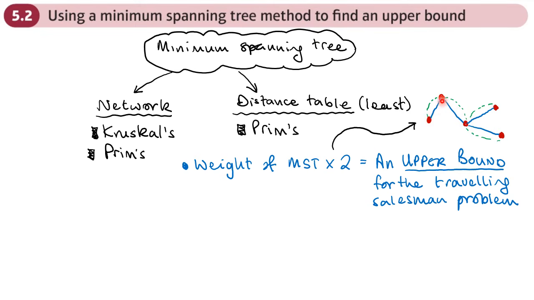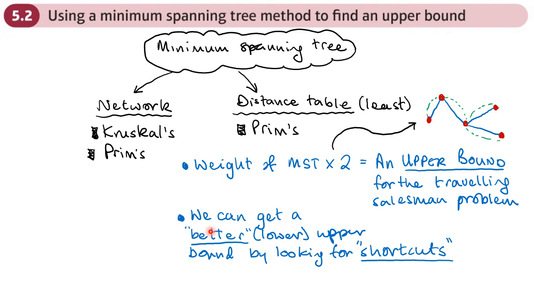So walk to that vertex, walk back, walk to another vertex, walk back. Now, there's probably a more efficient way of meeting every vertex, maybe just traversing this one twice, but what it does is give us an upper bound for the travelling salesman problem.